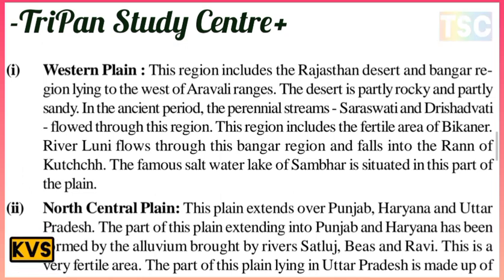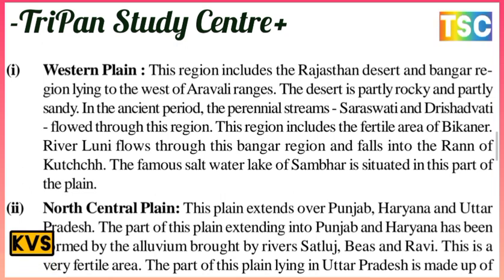This plain extends over Punjab, Haryana and Uttar Pradesh. The part of this plain extending into Punjab and Haryana has been formed by alluvium brought by the rivers Satluj, Beas and Ravi, and this is a very fertile area.